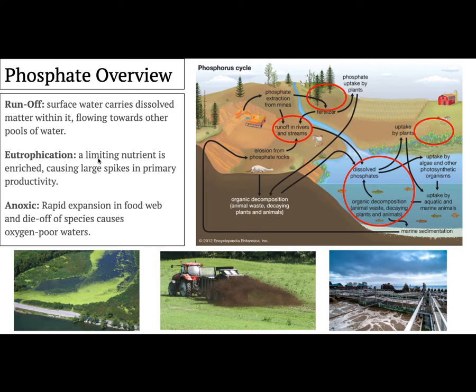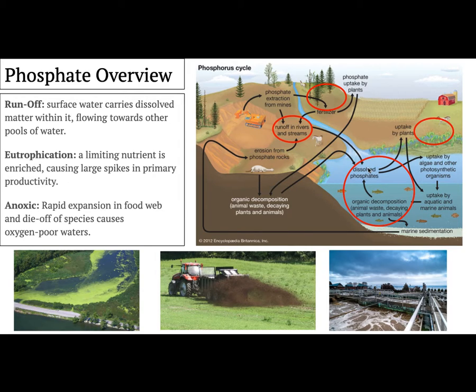Now, when we have a really rare limiting nutrient like phosphate enter water sources and it causes large spikes in the concentration, because so much biological life relies on phosphorus, we see huge spikes in primary productivity. So phosphorus is used in ATP, proteins, DNA. So really the synthesis of life and the creation of more biomass revolves around the concentration of phosphorus.